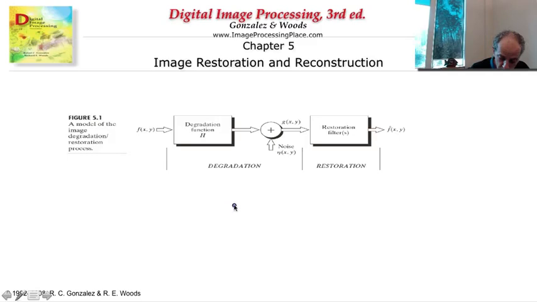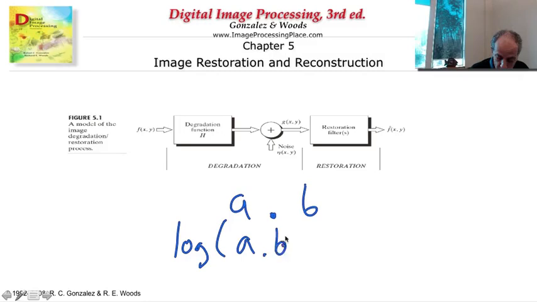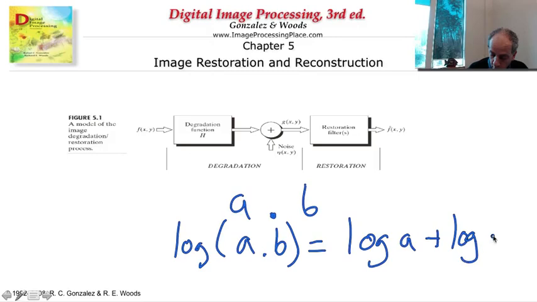If you have multiplicative noise instead of additive noise, let me erase here so I have everything to write down. So if you are multiplying two numbers, a times b, I can take the logarithm of the product of those two numbers, and that's equal to the logarithm of a plus the log of b. So if b was my noise, I basically transform it into additive noise.